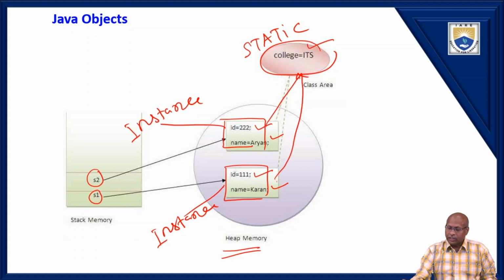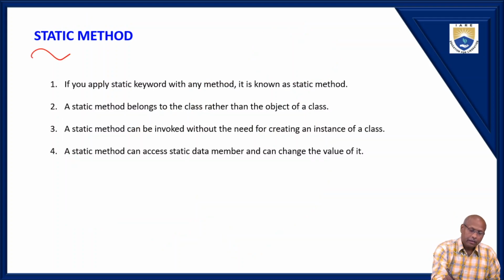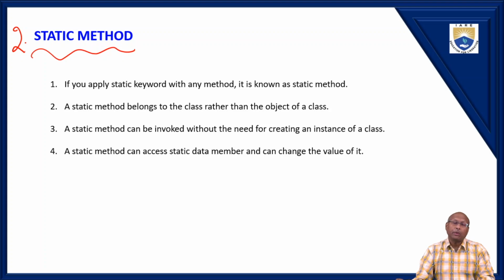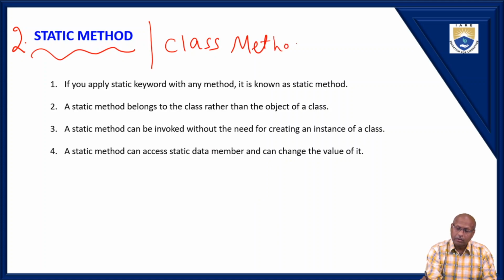Now, we'll go to the next concept. That is static method. Because I told you, static can be used before a variable, and static can be used before a method also. When you declare the static keyword before a method, then that method is also known as a class method.